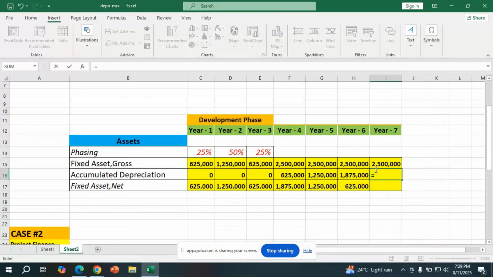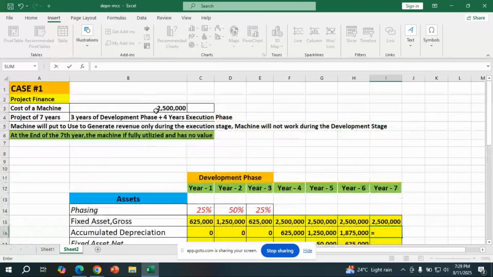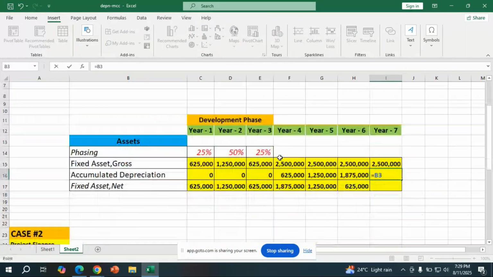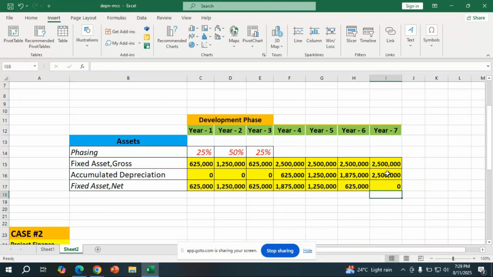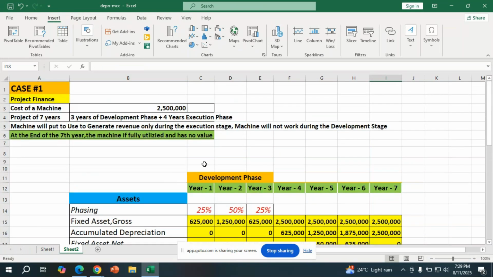So equals to 25 lakh, which is B70, divided by 4 years plus 18 lakh 75. So we have arrived at the zero value. We have made the correct calculation. These statements play a vital role in understanding the development phase completely.